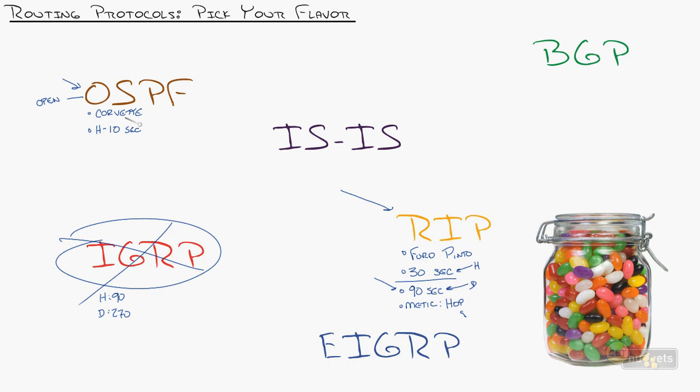With OSPF, when routers first communicate, he says, hey, I know about all these routes. And then that's it. From there on out, they just send little hellos. Hi, hi, hi. Is there any reason for these routers to say anything else? Why on earth would router 1 tell its whole routing table to router 2 again every 10 seconds? It's like, well, nothing's changed, but FYI, here it all is.